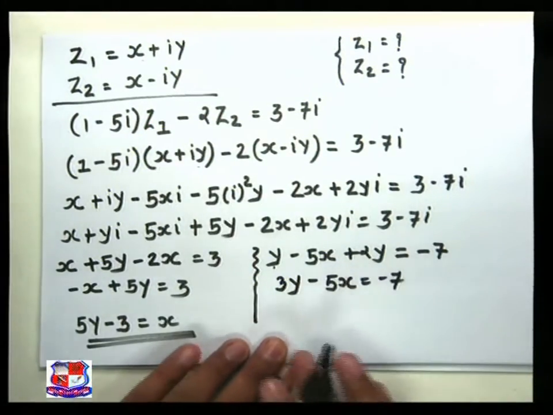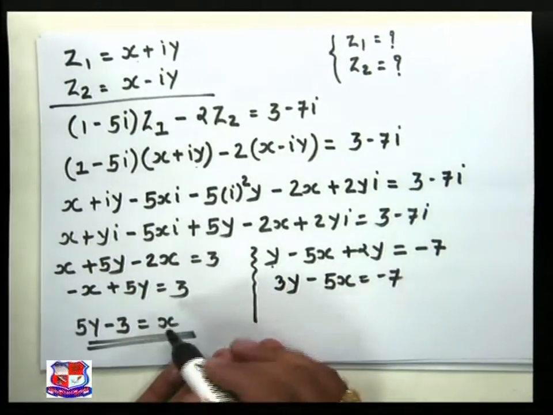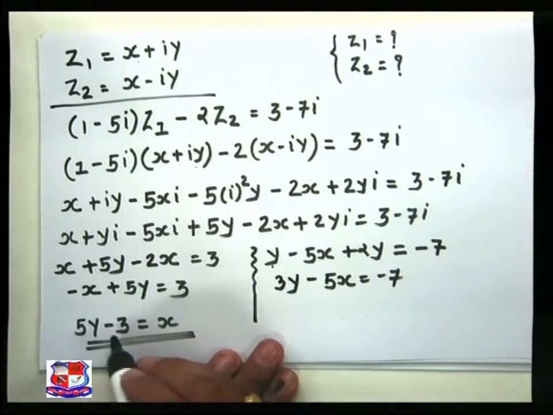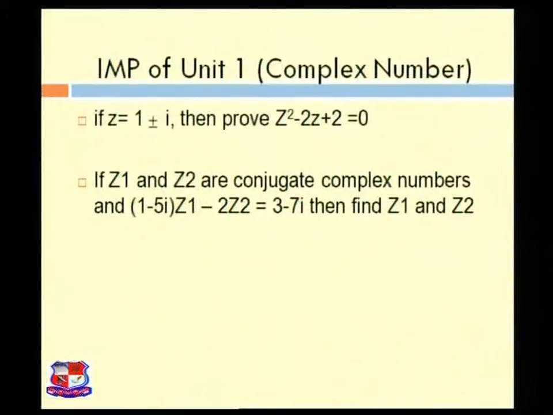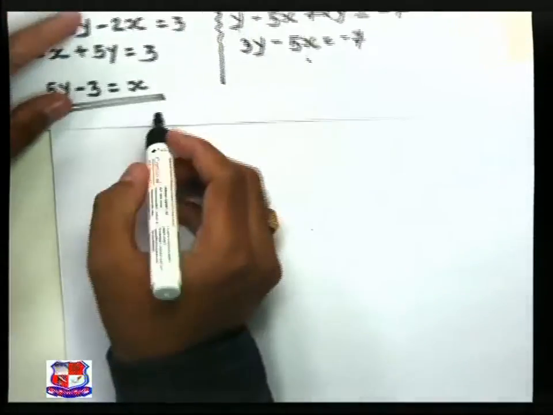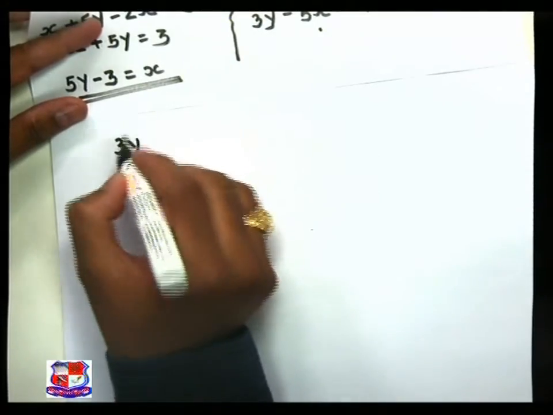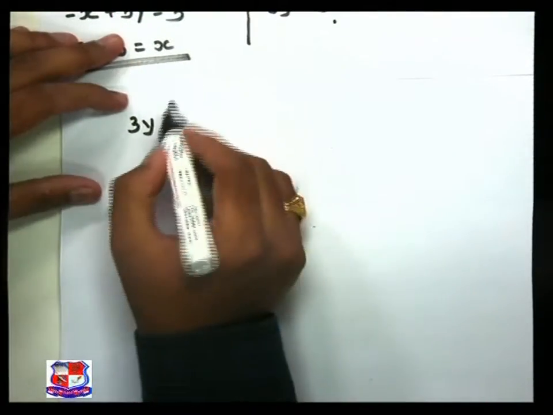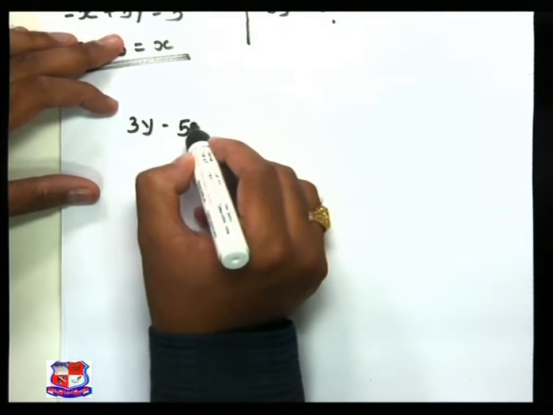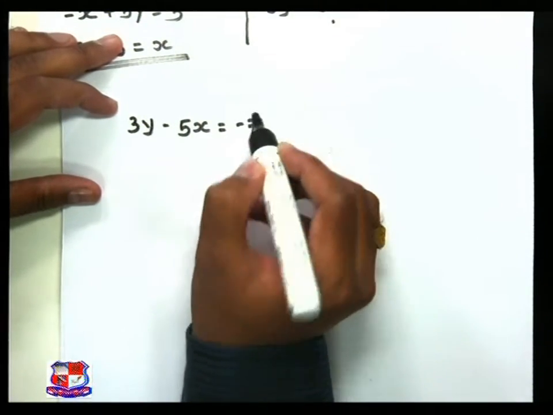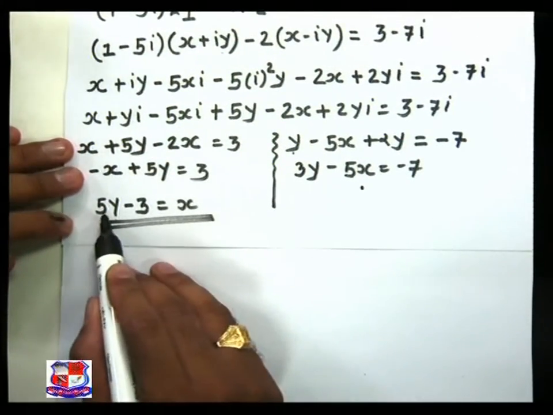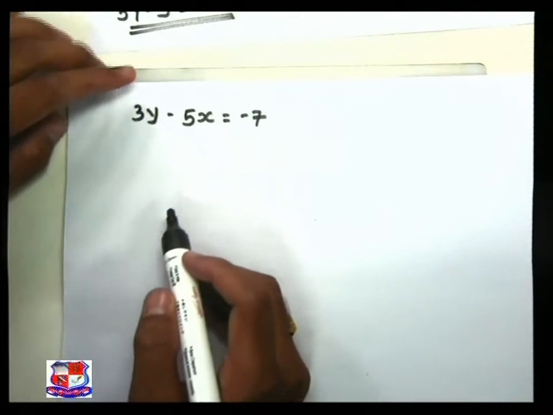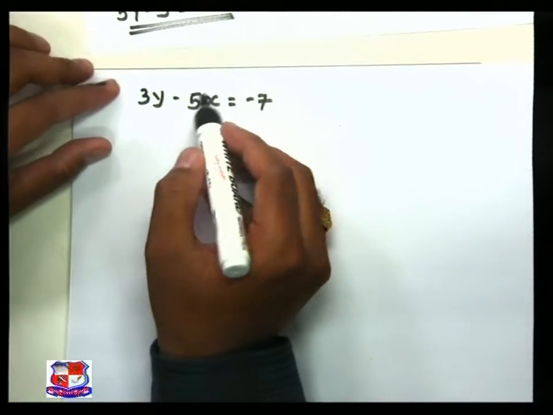Now replace the x value, that is 5y minus 3.